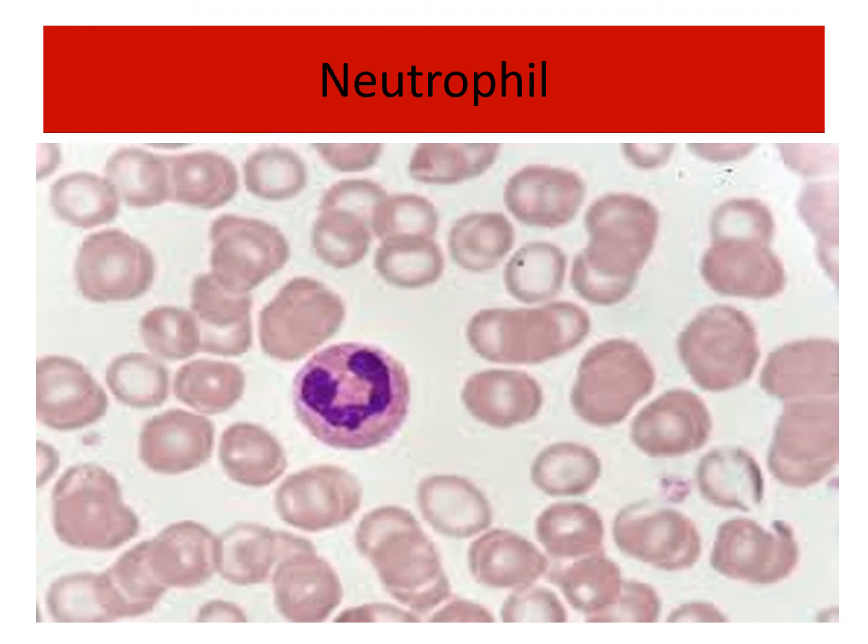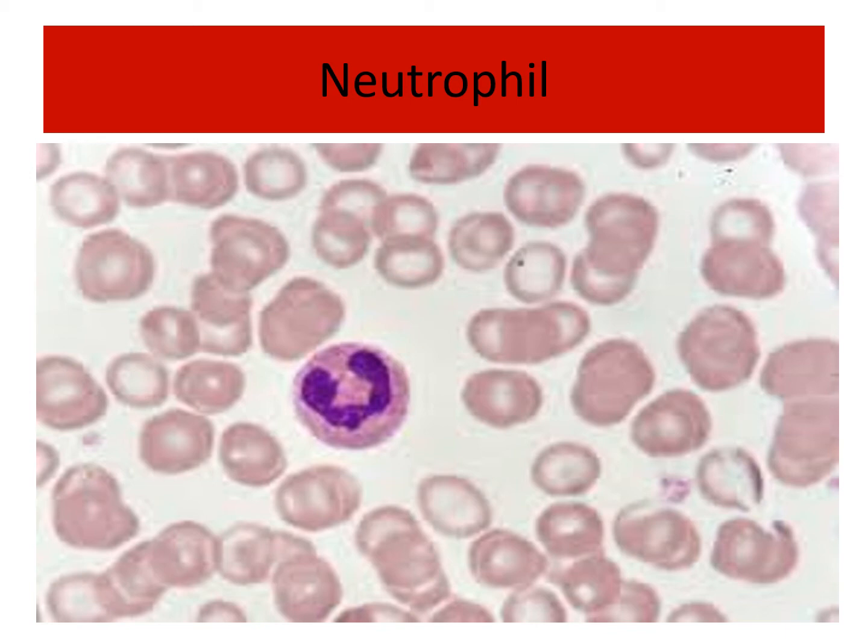Here you see the picture of neutrophils. What are the characteristics of the neutrophils? The nucleus of mature neutrophils is purple in color. The cytoplasm of neutrophil is pale bluish in color.